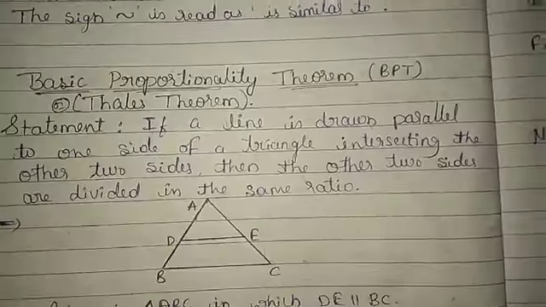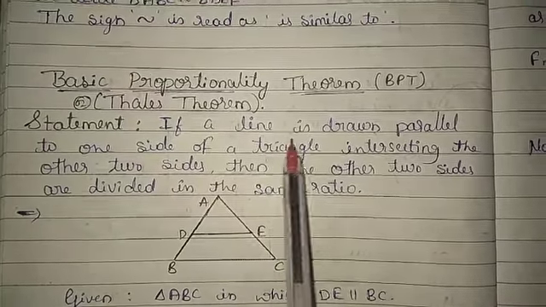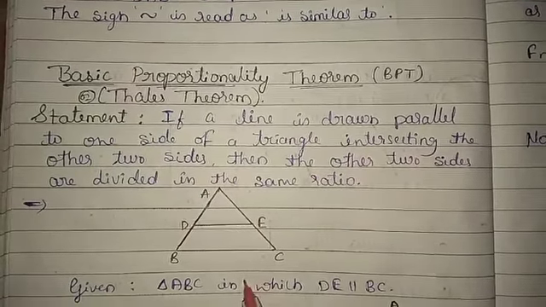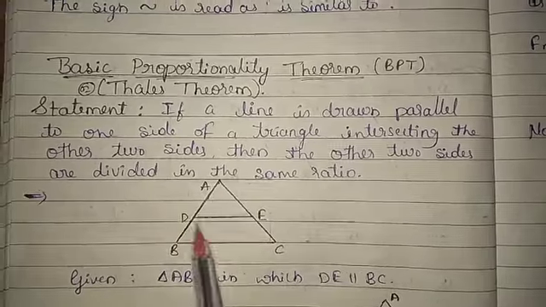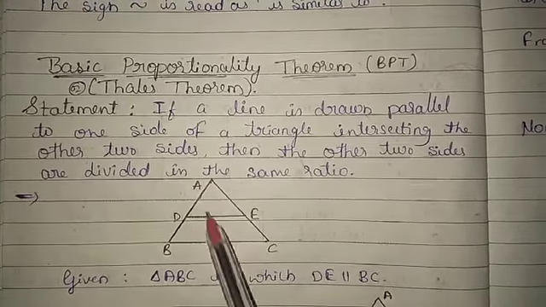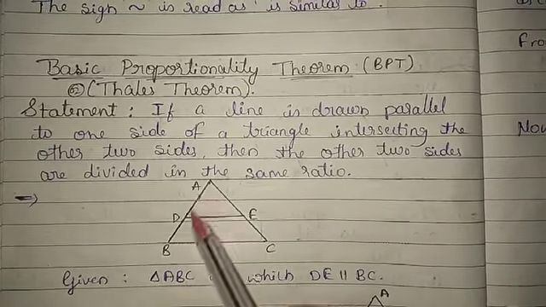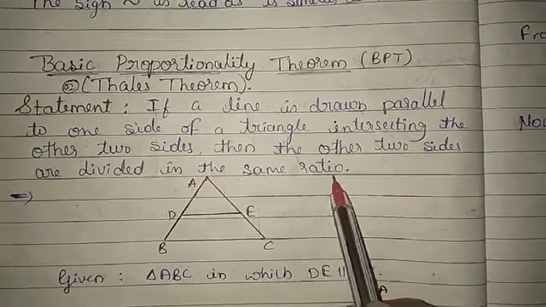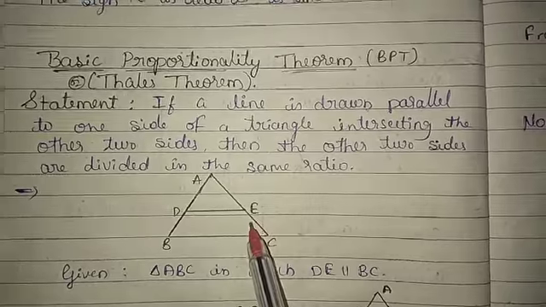This shows that if a line is drawn parallel to one side of a triangle intersecting the other two sides, then these two sides are divided in the same ratio. Okay, understood?